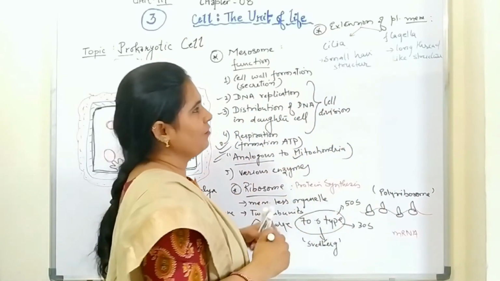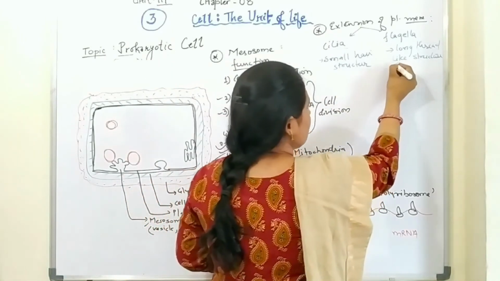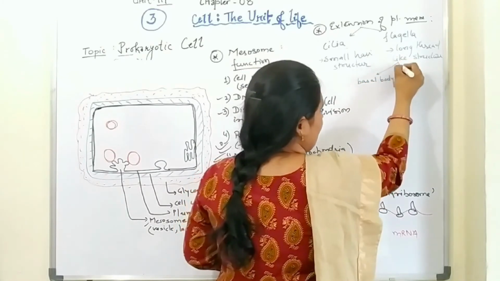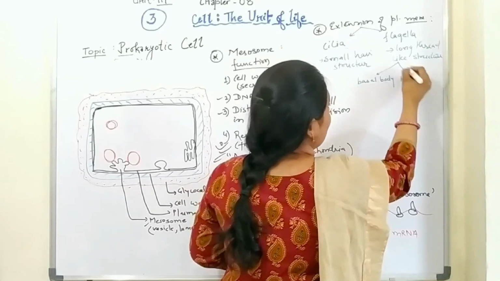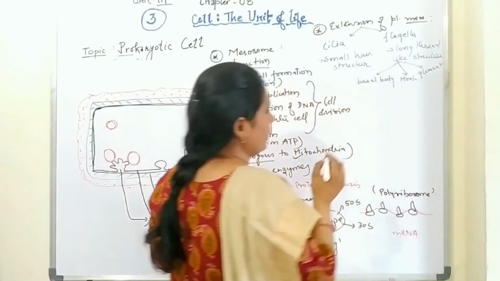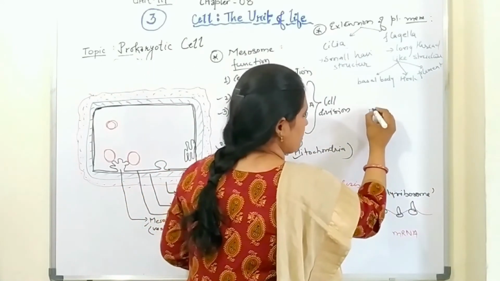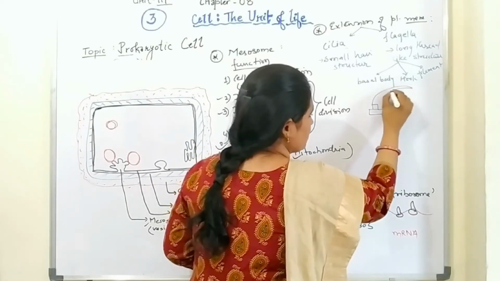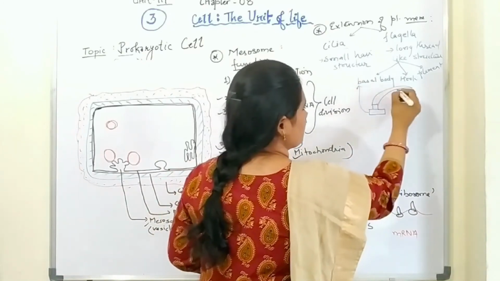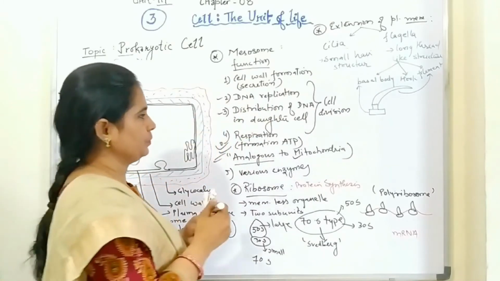And if we observe the structure of flagella, flagella is having basal body, it is having hook, and it is having the longest part, that is filament. Fine. And you will see its structure like this. This is hook, this is basal body, and this is the long structure, filament. So this helps in locomotion.